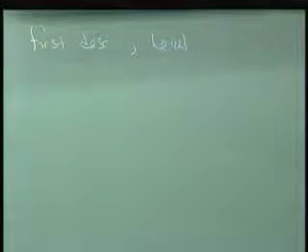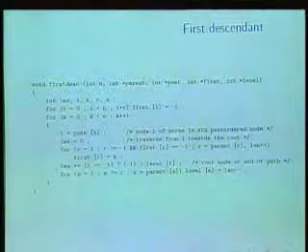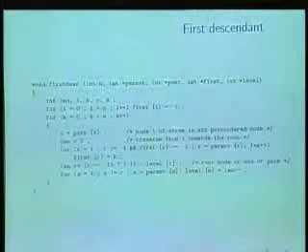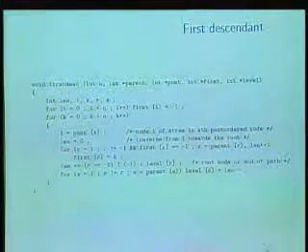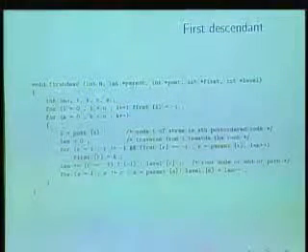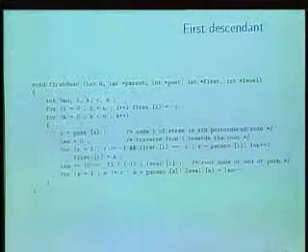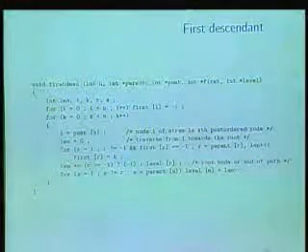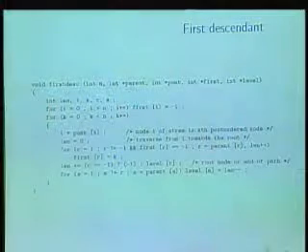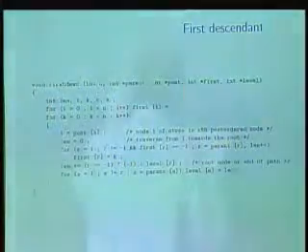So here's the code. The idea is very simple. Remember now we're dealing with the post-ordered tree. So I'm going to just write up here the post-ordered tree repeated, and I'll just mimic this algorithm so you'll see how it works.